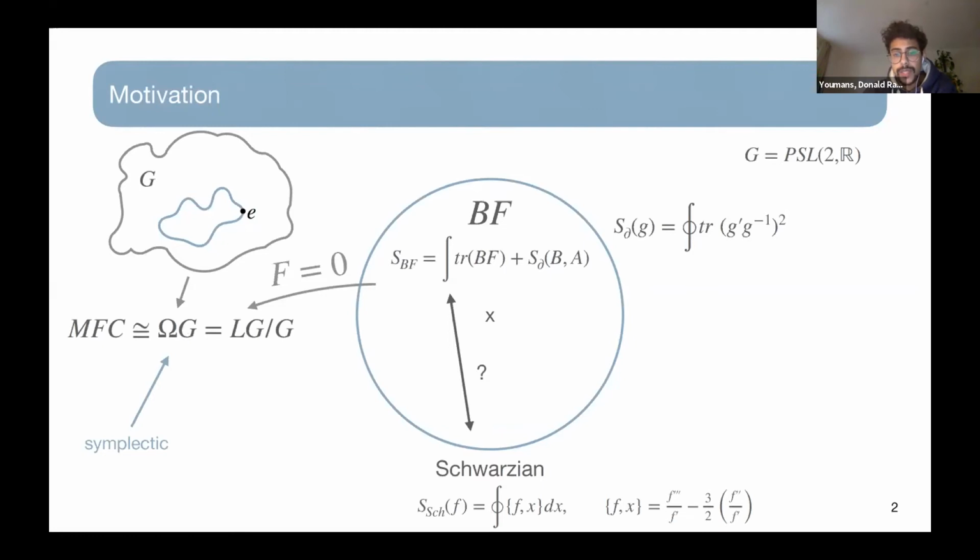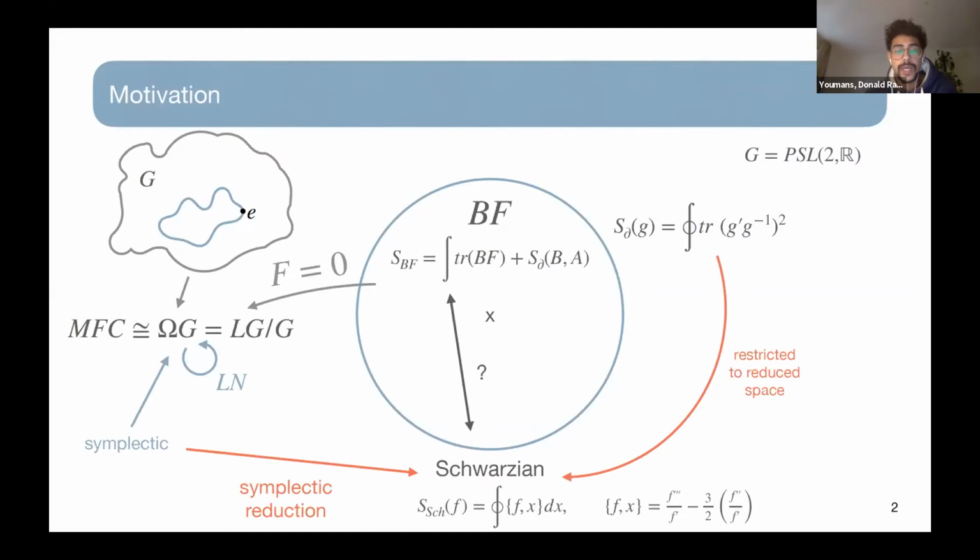What we want to have is the Schwarzian on the boundary. So far we just have a particle on the group on the boundary. But it turns out that this infinite dimensional symplectic space admits a nice Lie group action on it, which is Hamiltonian, so there exists a moment map. Thus we can consider its symplectic reduction.